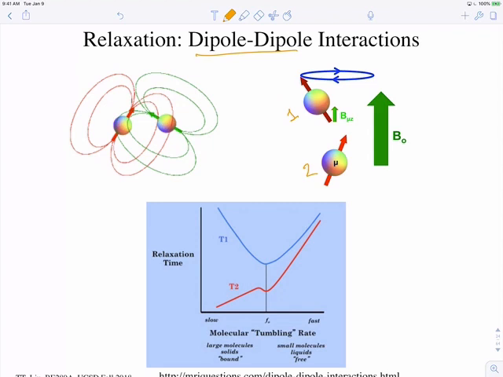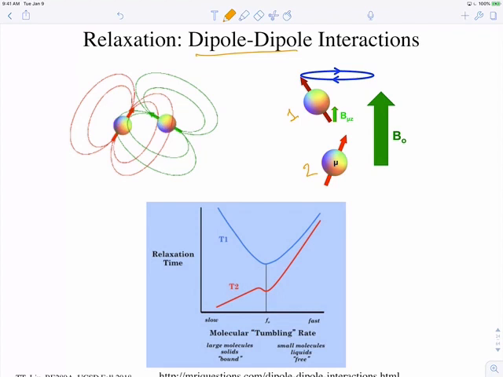If this makes the field stronger, it's going to precess a little faster. This spin here will experience a slightly smaller field from this one, so it's going to precess a little slower. So this spin's effect on these two spins is a differential effect, and over time they're going to get out of phase. That's the dephasing that causes the T2 relaxation.